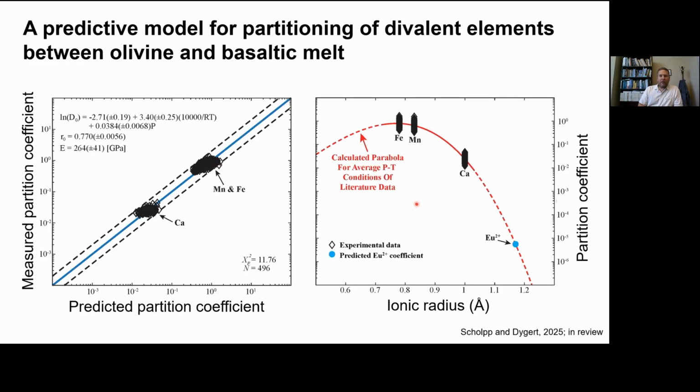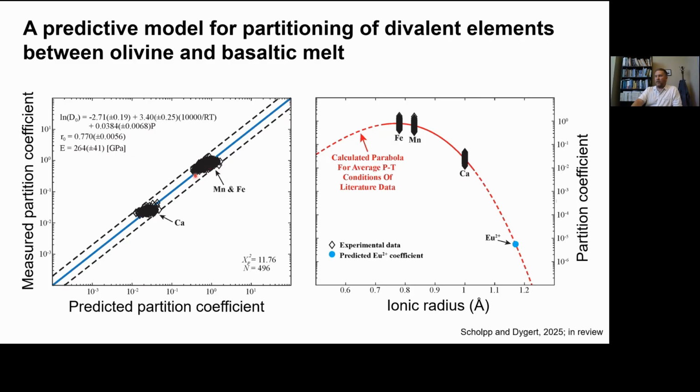And so in order to develop these predictive models for europium, for olivine, and ilmenite, we had to understand how divalent europium would partition into those phases as a function of composition, pressure, and temperature. And my student Jesse compiled all the partitioning data he could find and was able to develop very simple expressions for these lattice strain model terms that enable prediction of divalent element partition coefficients very accurately.